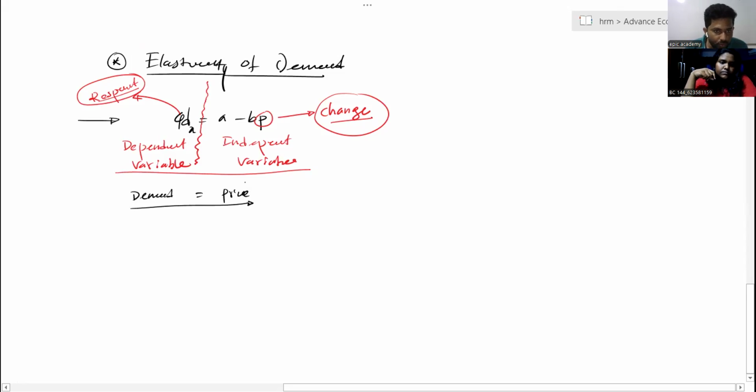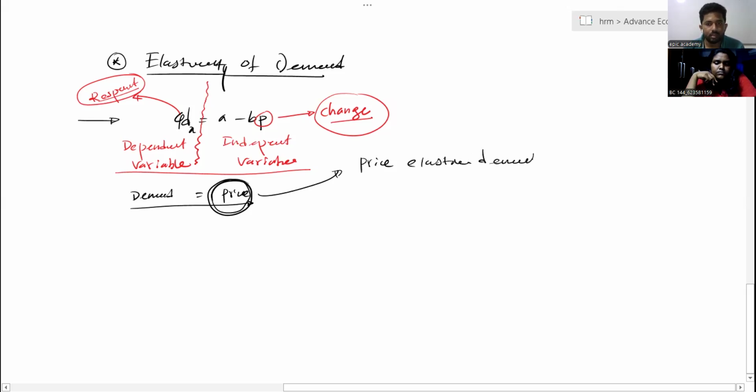If you think about price as the independent variable, this is the meaning of price elasticity of demand. If you assume the independent variable is income, according to income change, demand is going to respond. This is the meaning of income elasticity.